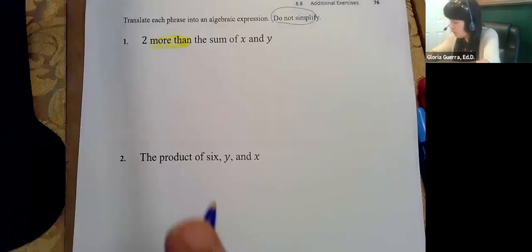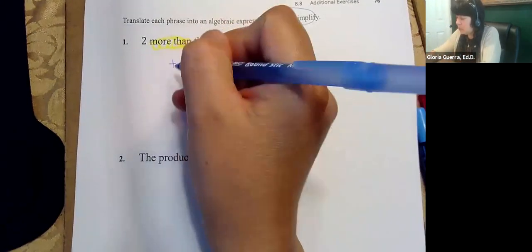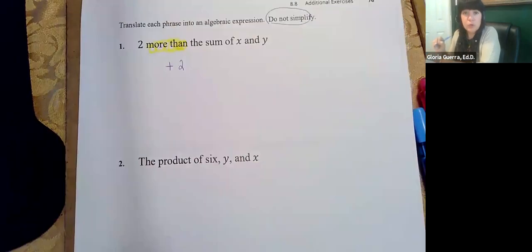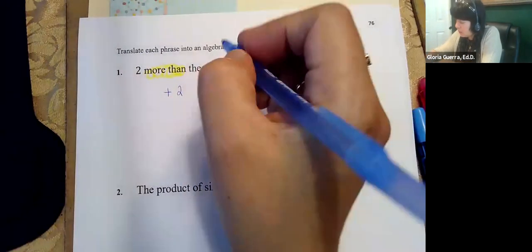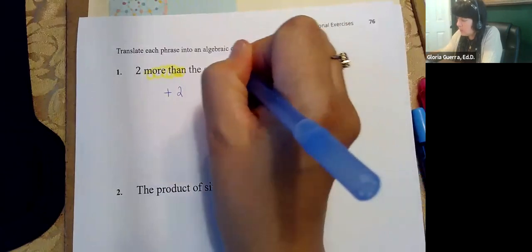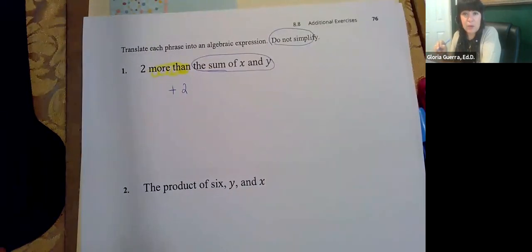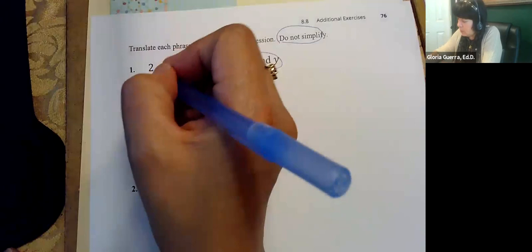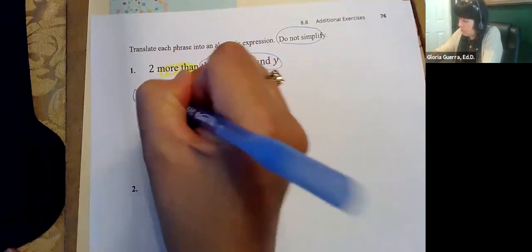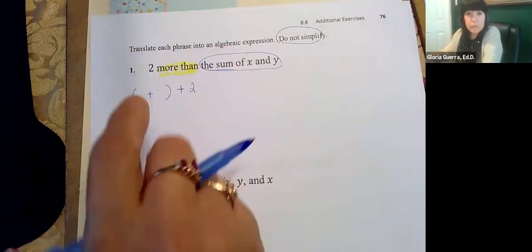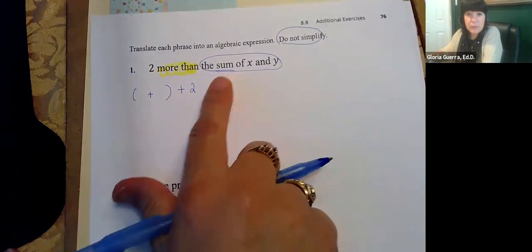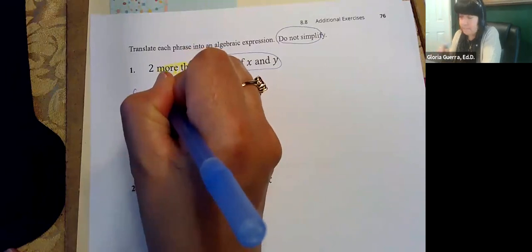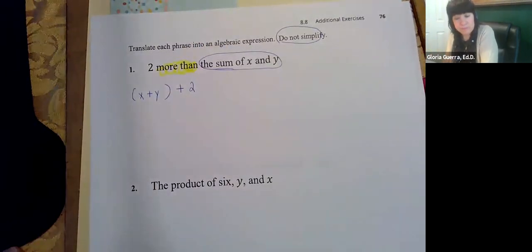So I would start with more than is plus, and I would put 2 in the back. 2 more than, okay, the sum of x and y. Okay, so in the front here, I'm going to do this. And we're doing a sum, see? And we're summing x and y. Okay, that'll be it.